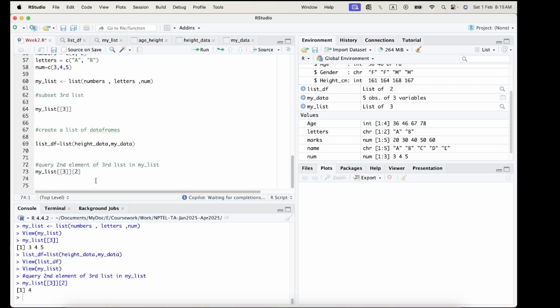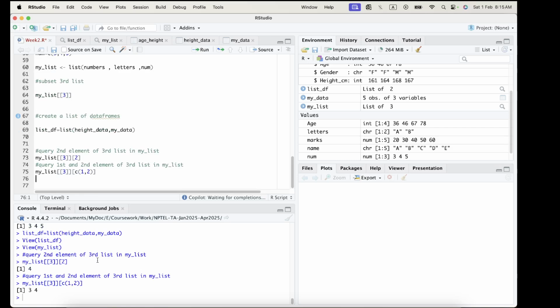If I want the first and second element of the third list, I am going to write the same thing, and within the next brackets I'm going to write 1, 2. So this is going to give me the first and second element of the third list.